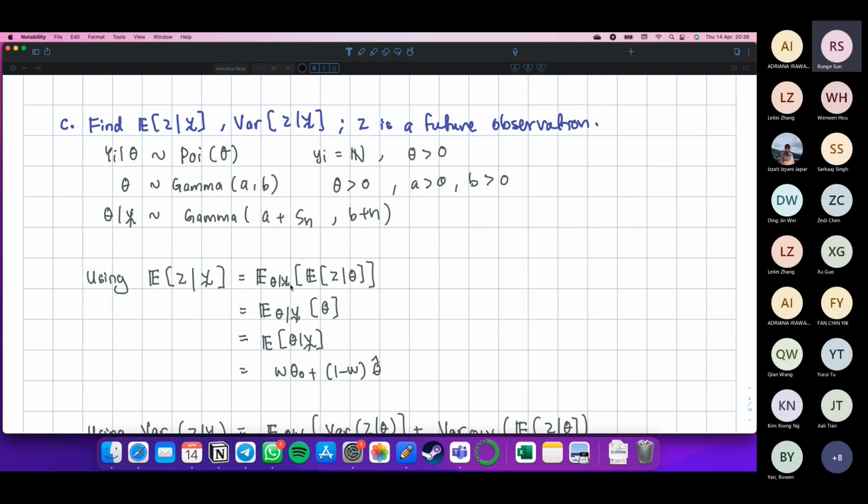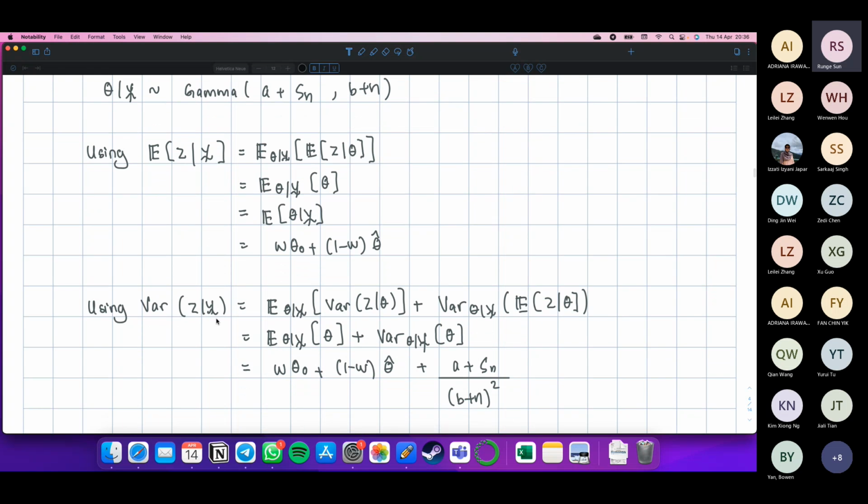Inside the bracket here, the expectation of Z given theta is from the Poisson distribution. So we know that the mean is theta. And from the previous question, we know that the expectation of the posterior is the weighted average here.